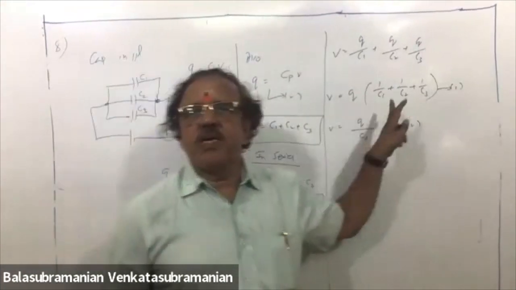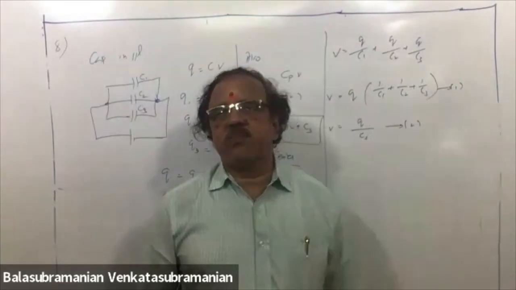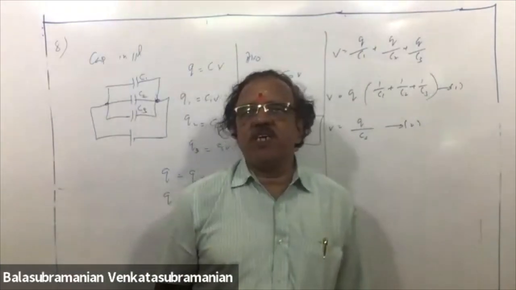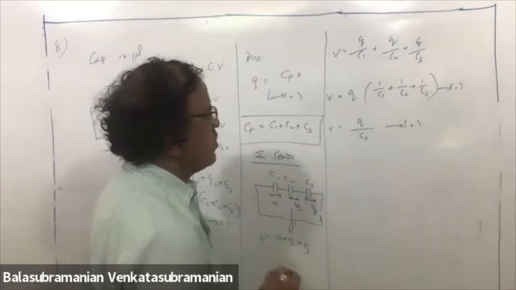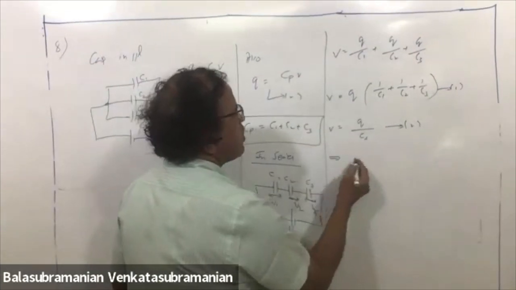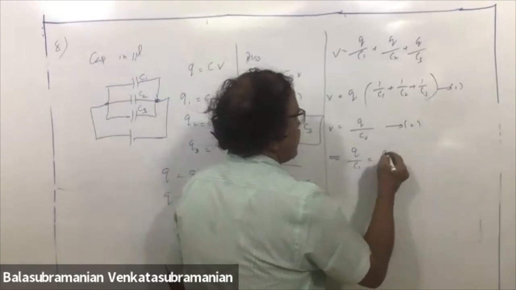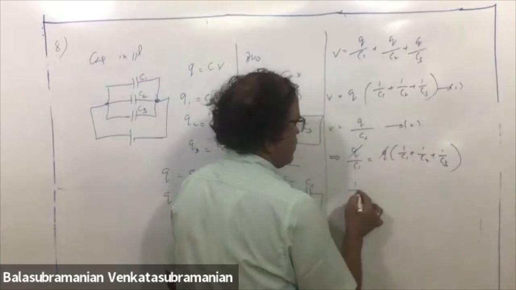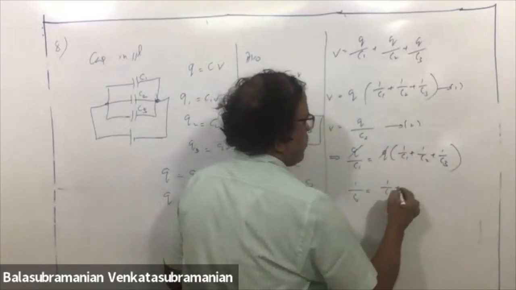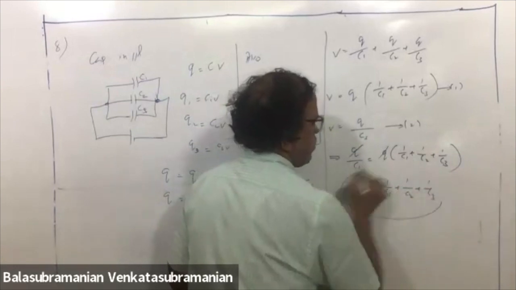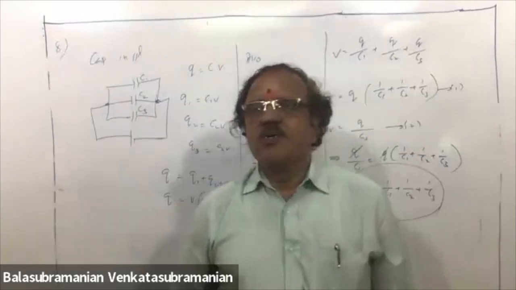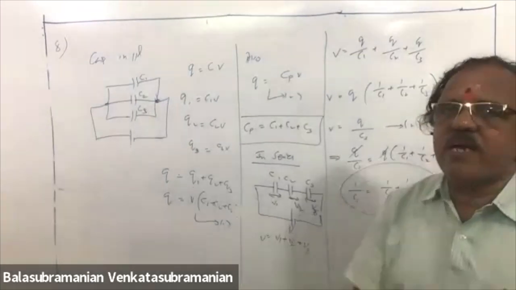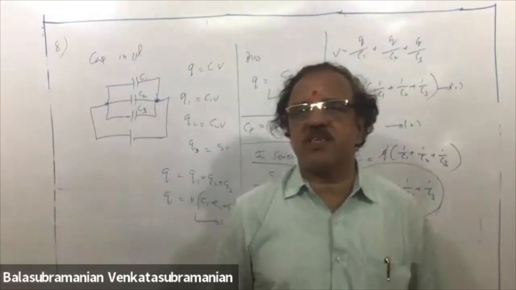V is equal to Q into 1 by C1 plus 1 by C2 plus 1 by C3. Together when you connect, the resultant will be V is equal to Q by CS. Implies Q by CS is equal to Q into 1 by C1 plus 1 by C2 plus 1 by C3. Q cancels. 1 by CS is 1 by C1 plus 1 by C2 plus 1 by C3. So the inverse of the resultant capacitance will be 1 by C1 plus 1 by C2 plus 1 by C3.